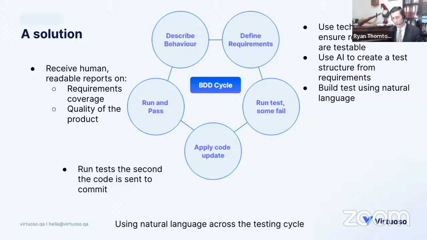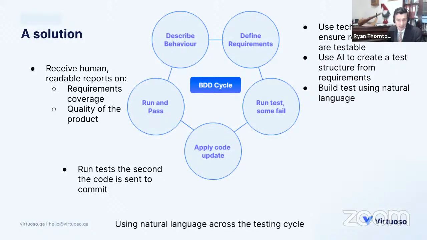And not only can we automate, we can do it using the technical skills which business and non-coding testers have. And it's scalable, which means we can run tests the second code is sent to commit, which means that we don't have that backlog, or bottleneck should I say, that's usually associated.